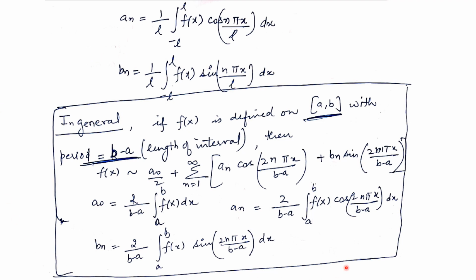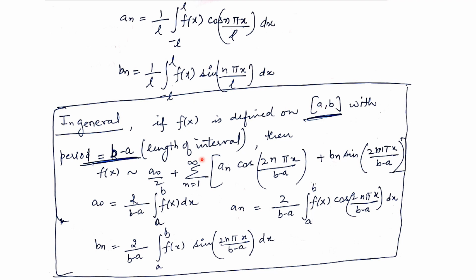Now the next case is more general than the previous one. Now our function is defined on any interval a to b with period b minus a. b minus a is nothing but the length of this interval.